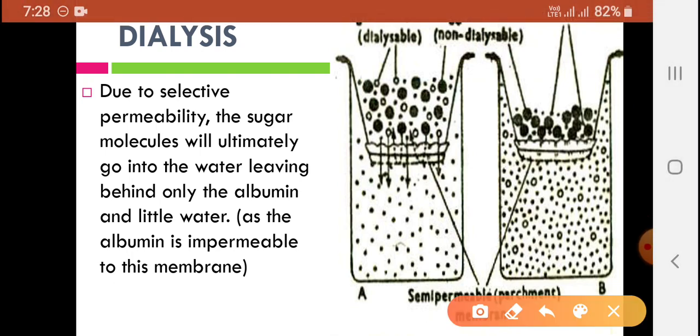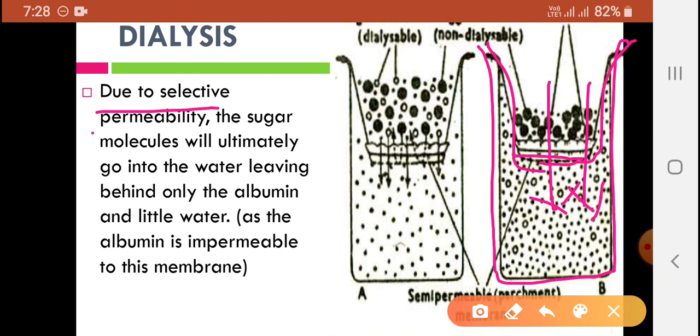So after some time, the sugar molecules and water molecules can pass through this semi-permeable membrane, and in the upper smaller container only egg albumin is left.